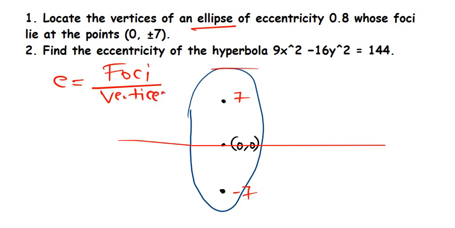That's another formula that we actually talked about. So the distance between the foci over the distance between the vertices gives you the eccentricity. So eccentricity in this case has been given to be 0.8.